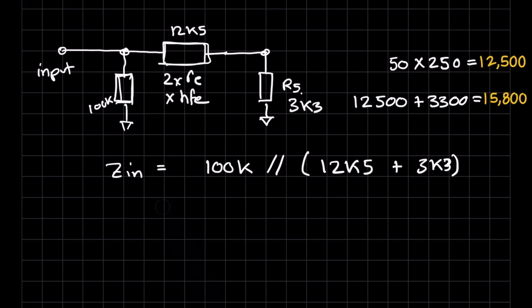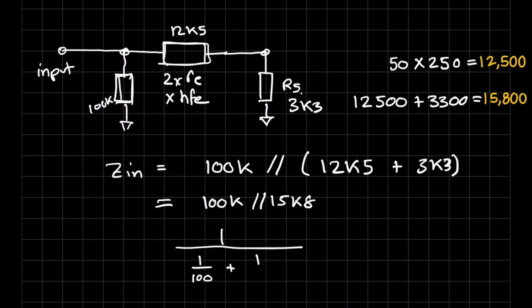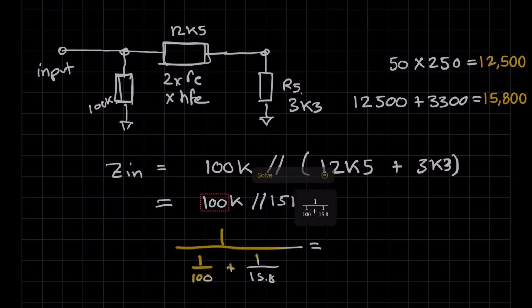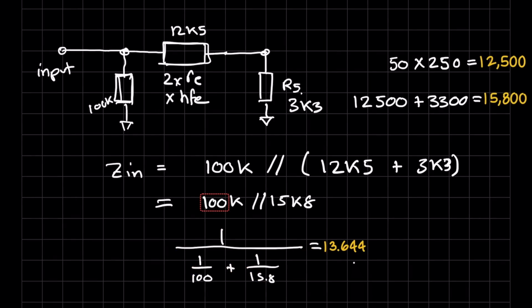So Zin is equal to 100K in parallel with 15K8. If we do that calculation, it's basically 1 divided by 1 over 100 plus 1 over 15.8, which is equal to 13.6 kilo ohms.